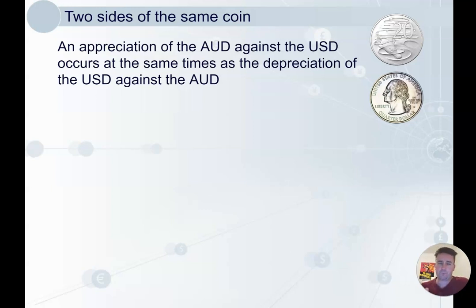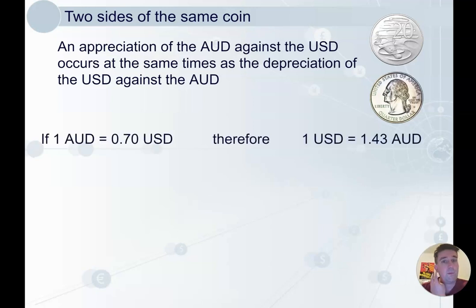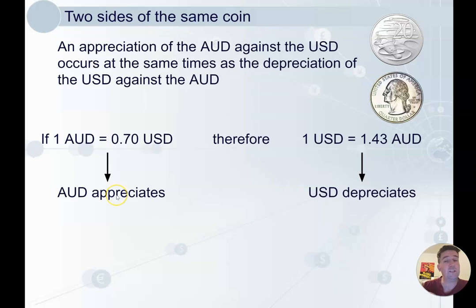Okay. What I want us to see here is that what happens to one currency, the opposite has to happen to the other, really. So we'll just go through this example. So we've got this expression, we've seen this already, right? If the Australian dollar appreciates against the US dollar, what that means is that the US dollar must depreciate against the Australian dollar, okay?